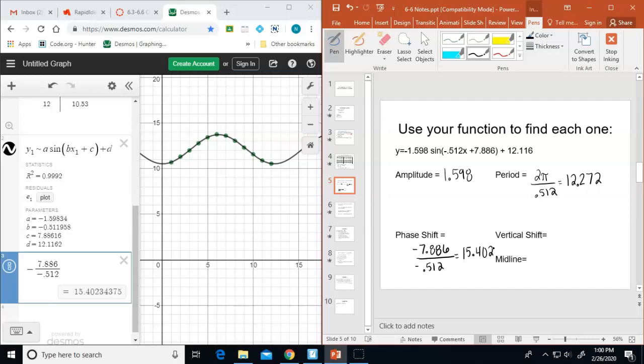The other one gives you like 3 point something, and so it's like that phase shift plus a whole other period. I don't know why Desmos uses that bigger number, but it still works for the equation, so it really doesn't matter for us. And then our vertical shift is up 12.116, so the midline would be at y equals 12.116.